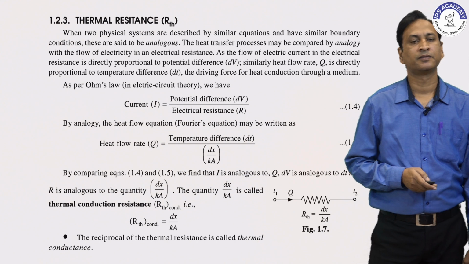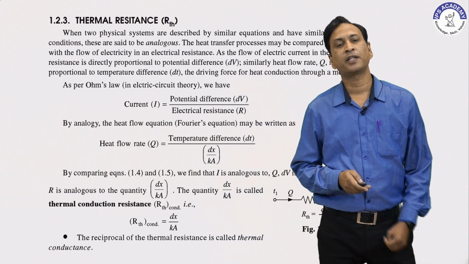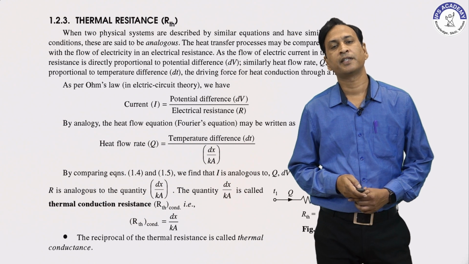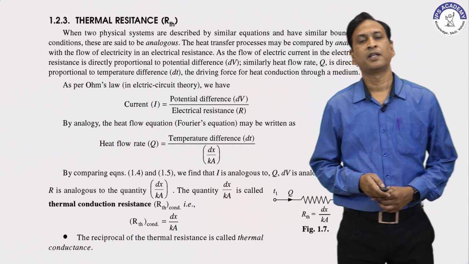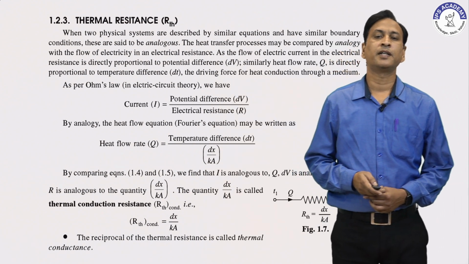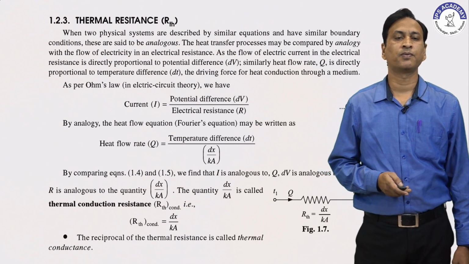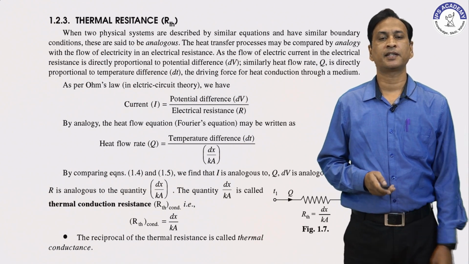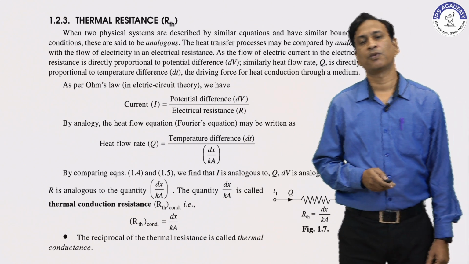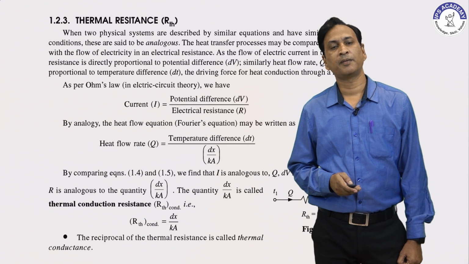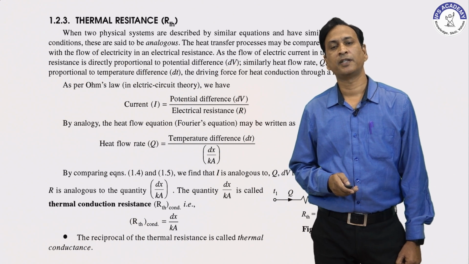Thermal resistance, denoted RTH. When two physical systems are described by similar equations and have similar boundary conditions, they are said to be analogous. The heat transfer process might be compared by analogy with the flow of electricity in an electrical resistance. The electrical current is directly proportional to the potential difference dV.